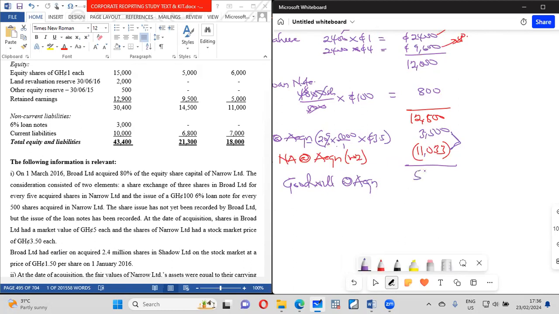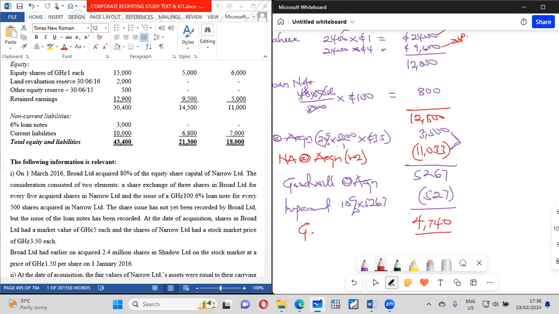We have 5,267. Impairment is 10%, right? So 10% of the 5,267, which is 527 rounded. All right. And since this is the fair value method, we will be sharing the impairment. So our goodwill is what? 4,740.